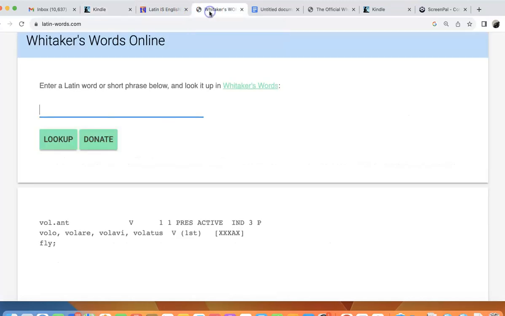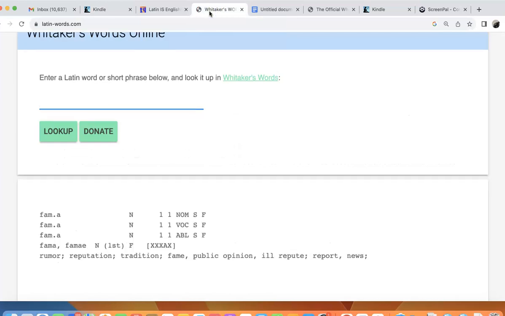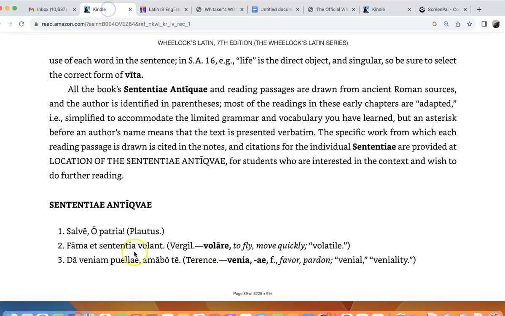But if we go to here, we can see it can mean rumor, reputation, tradition, fame, public opinion. So maybe public opinion, in our age, might be a good translation. Again, we'd have to go back and look at the context of this in Virgil to get a sense of it. But maybe public opinion, although sententia also means opinion.